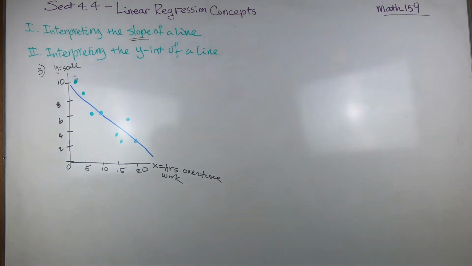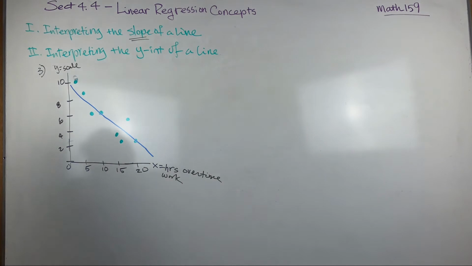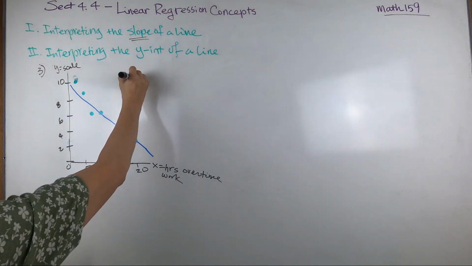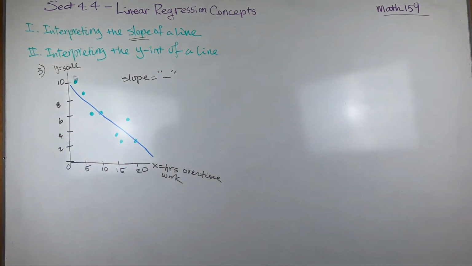So you can see what's your slope. So we are interpreting the slope of a line. What does that mean, right? So first, you take a look. What's your slope? Slope is positive or negative? Slope is negative, right?